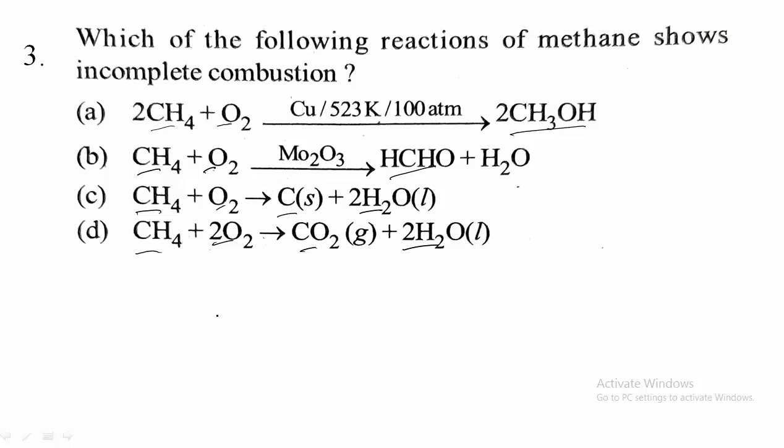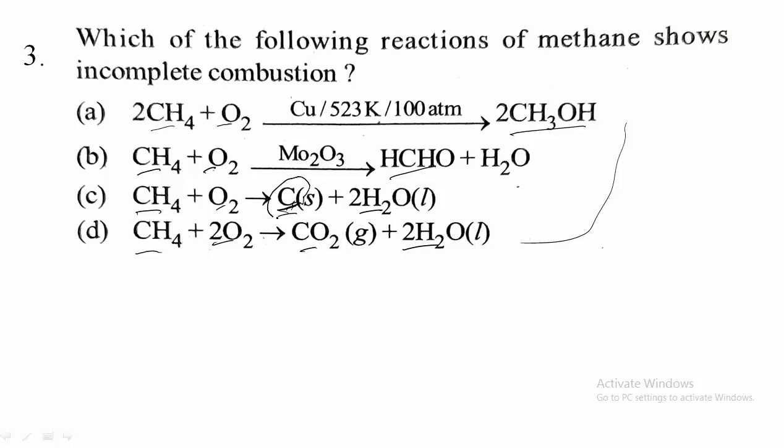So from options, if you observe the reaction carefully, in option C, only carbon is formed. No oxygen has reacted with carbon. That means it has undergone incomplete combustion compared to all other three. Because here very less amount of oxygen is there.